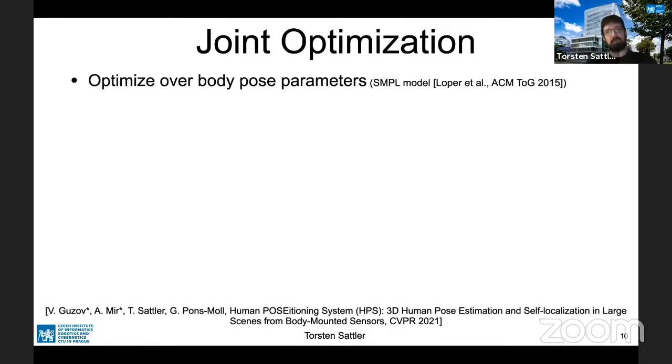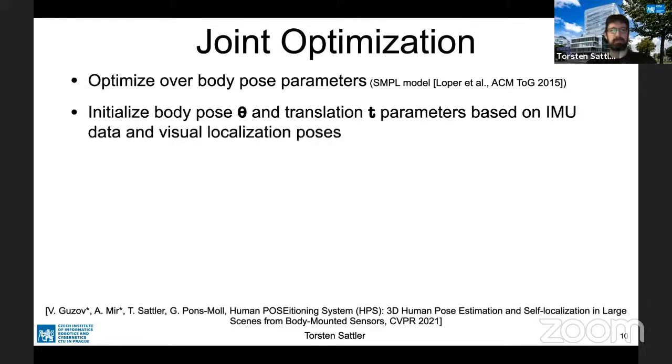What we do is we optimize over the body pose parameters, and I'm not going to go into detail. For those who are interested, it's a simple model proposed by Loper et al. in 2015. I think there was actually a CVPR tutorial on this human body parameterization.